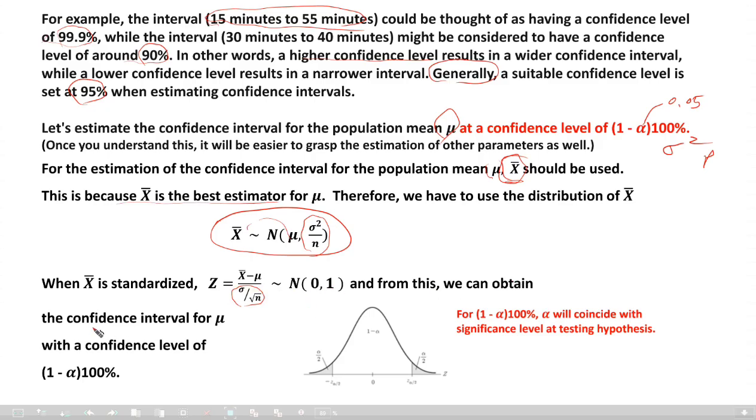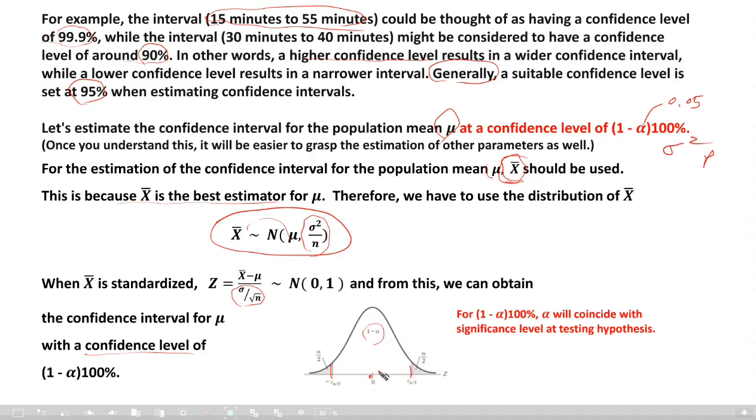And let us say the confidence level is (1 minus alpha) times 100%, okay? Then see this graph, 1 minus alpha here at the center, around 0.